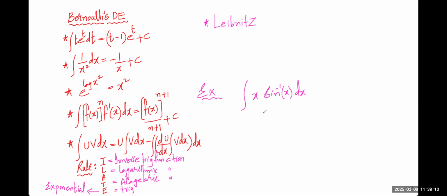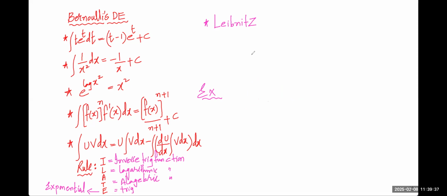Sine inverse x. Yes, the inverse function should be taken as u and the algebraic function should be taken as v. Then only it is possible to integrate. If you integrate in the other order, it is not possible to integrate. Understand? Okay, we'll do the problem also. When we have a problem, I'll tell you.